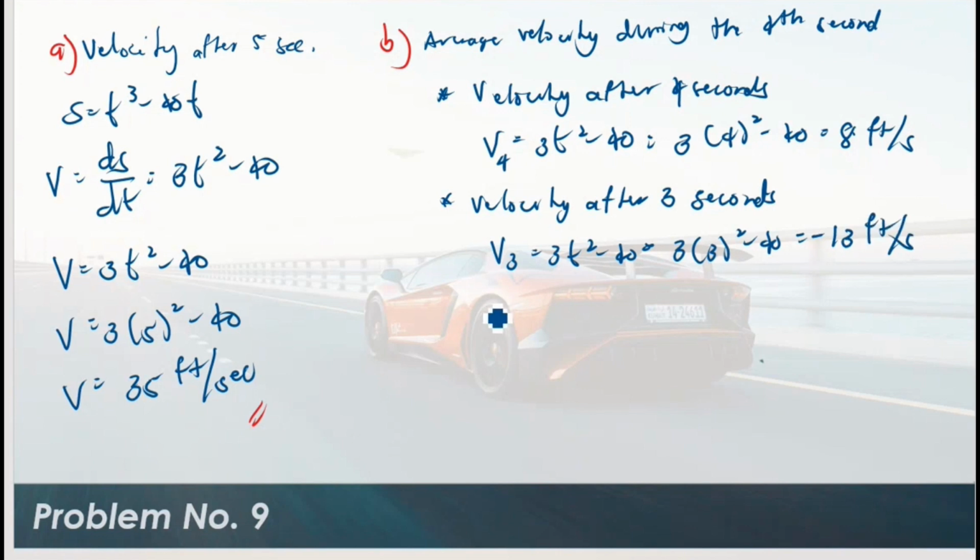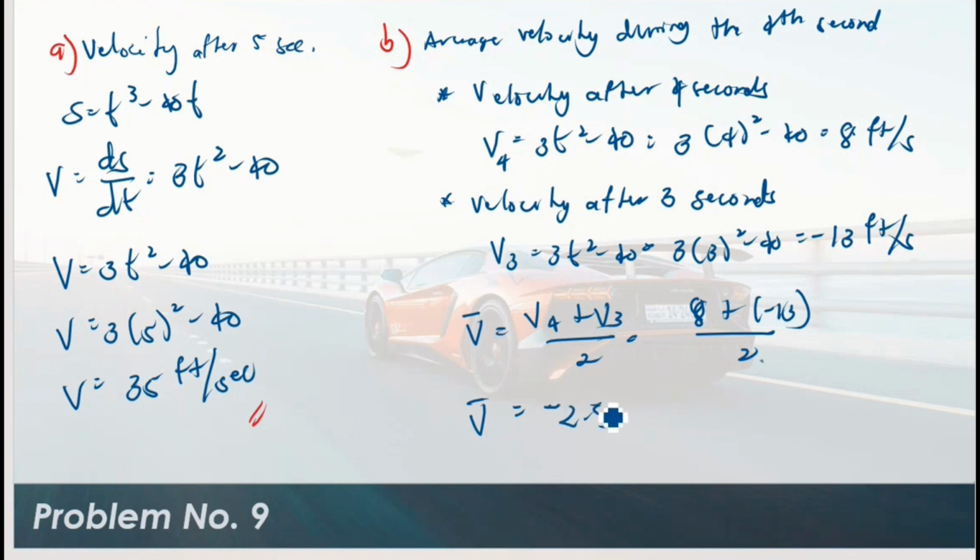So, to find the average, that is equal to v sub 4 plus v sub 3 over 2, or 8 plus negative 13 over 2. It will give us negative 5 over 2, which is negative 2.5 feet per second.